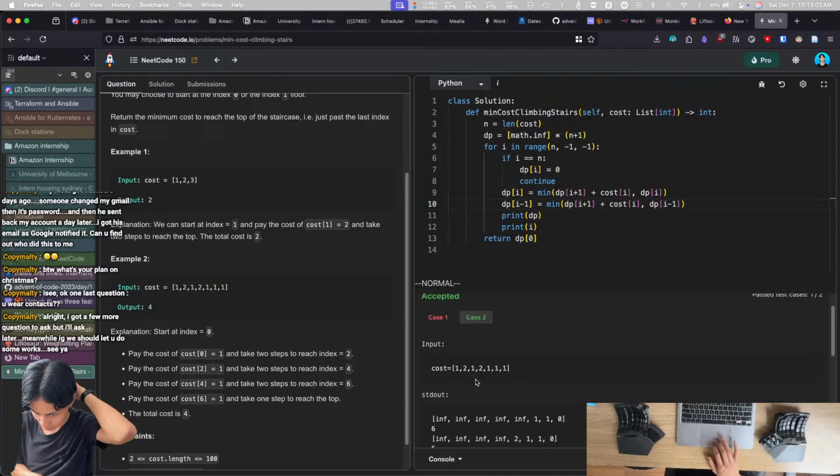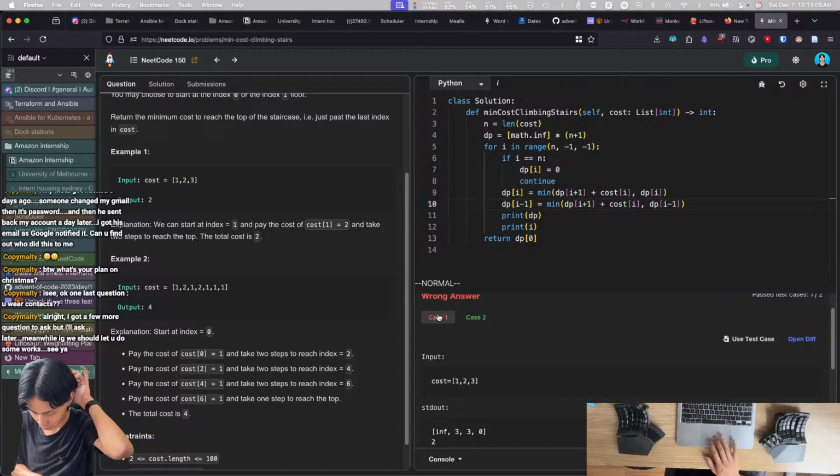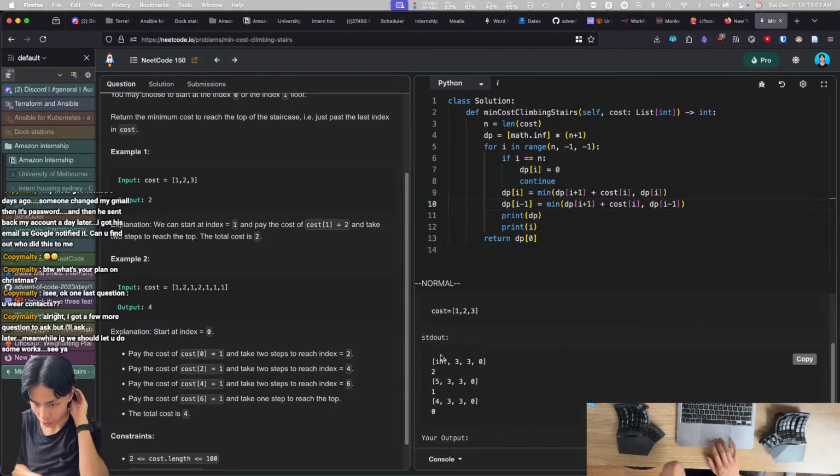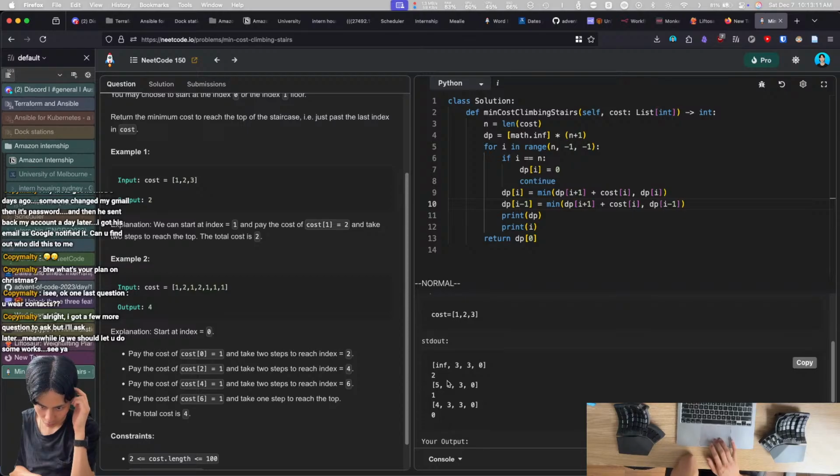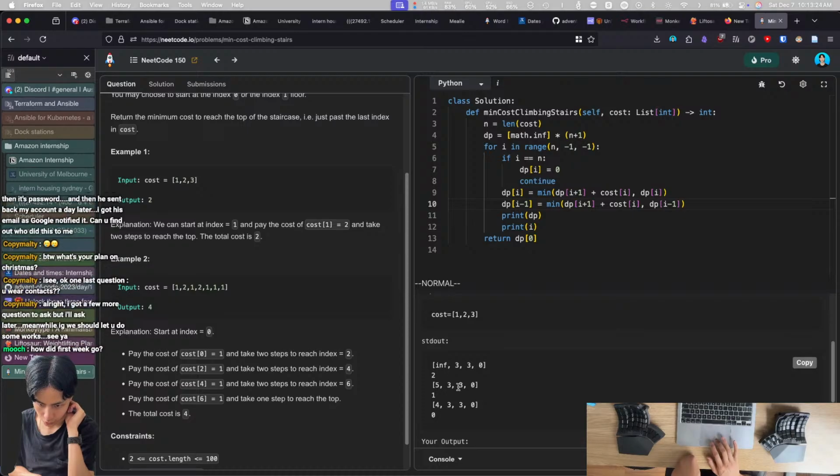Okay. It works for one, doesn't work for the other. Let's understand why. Cost 1, 2, 3. From this point, everything is 3. From this point, everything is... So you can jump it to 5.